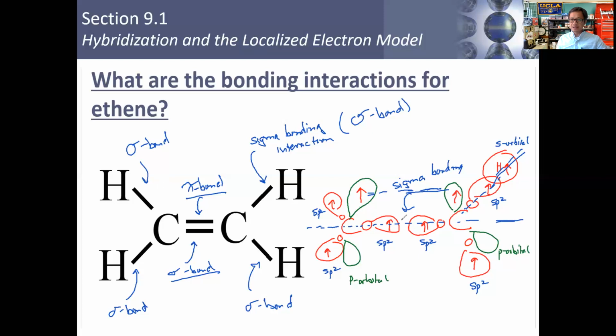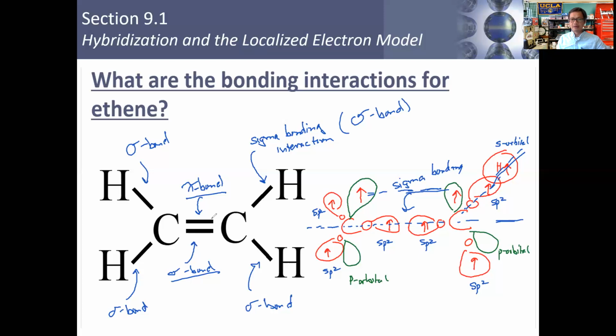And if you look at this diagram, you'll see that there's an overlap between the sp2 hybrid orbital from this carbon and an sp2 hybrid orbital from the carbon on the right. And that overlap is very similar to this overlap here, where you could draw a straight line through that overlap. And so therefore this also is a sigma bonding interaction.